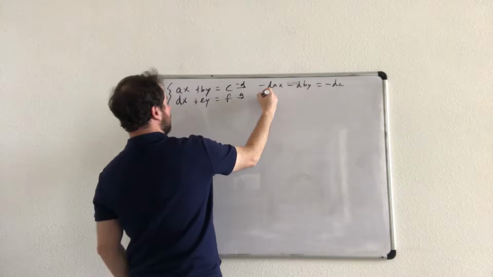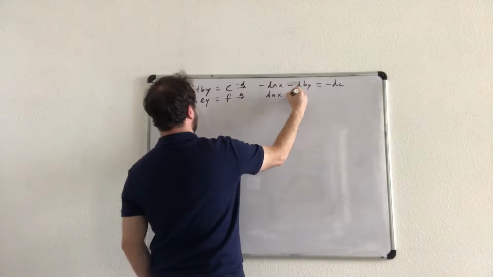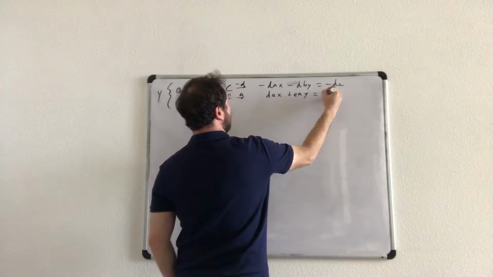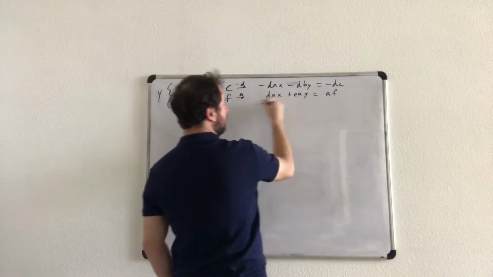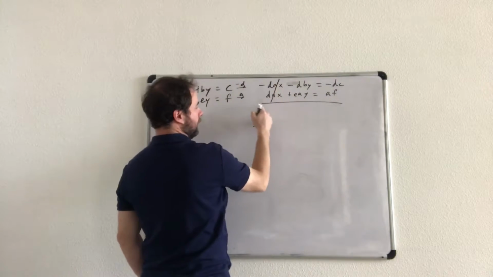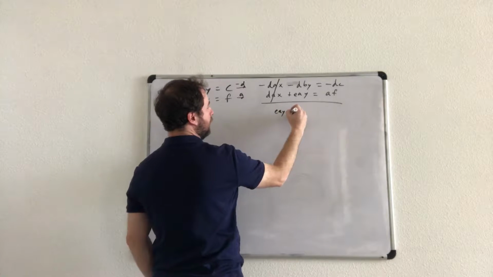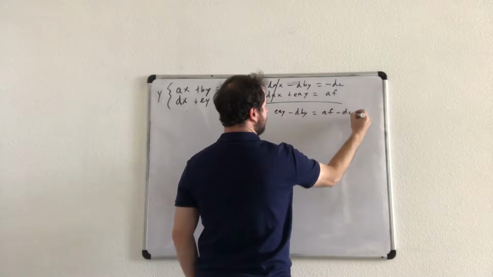Here we get positive dax and we get positive eay equals af. And when you add these together, these will cancel. That was the whole point of what we were doing. So then we get eay minus dby equals af minus dc.